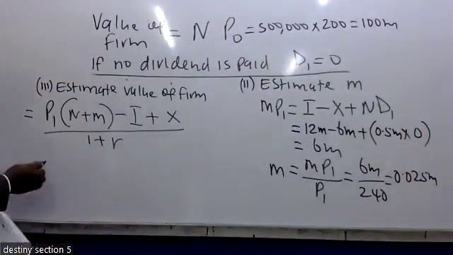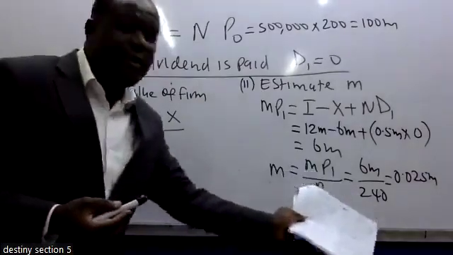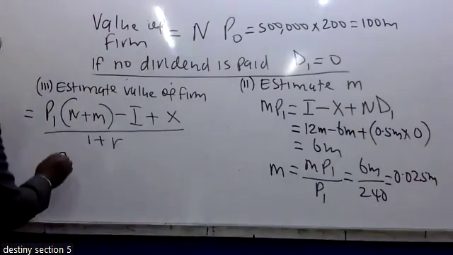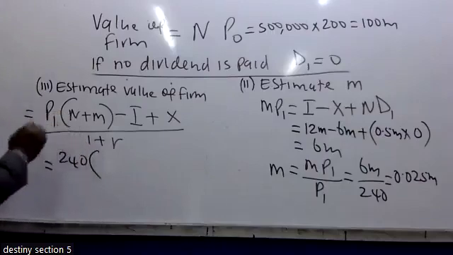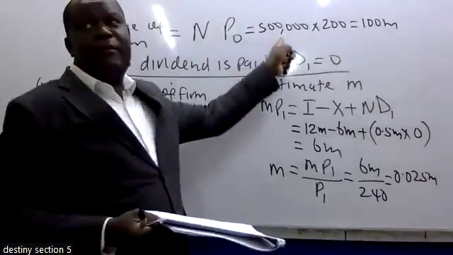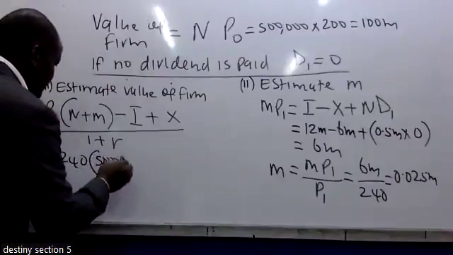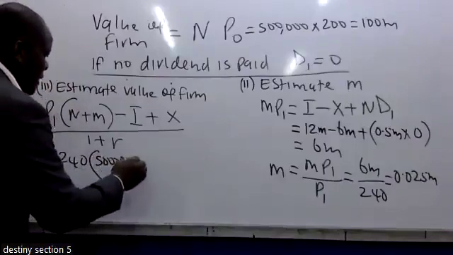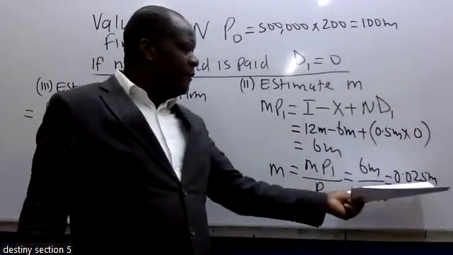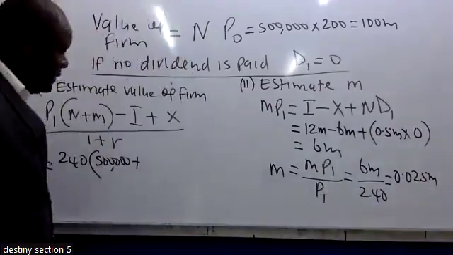P1 is already completed. You can see our P1 is 240. N is the existing number of ordinary shares, equal to 500,000. So we add M, these are 25,000 shares.